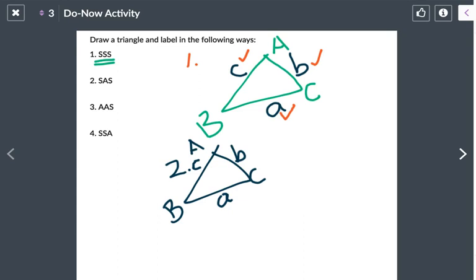That means the angle will be between those two sides. We call that angle its included angle. So we know C, we know this B, then we know A. That's what we call the SAS pattern.